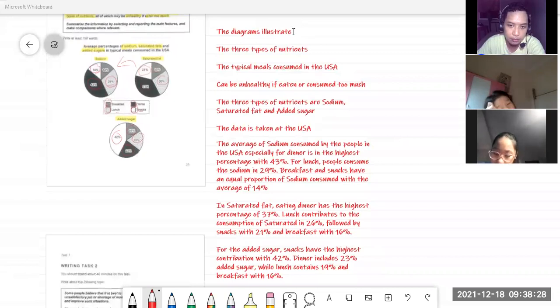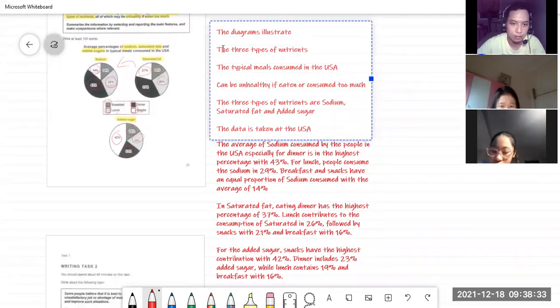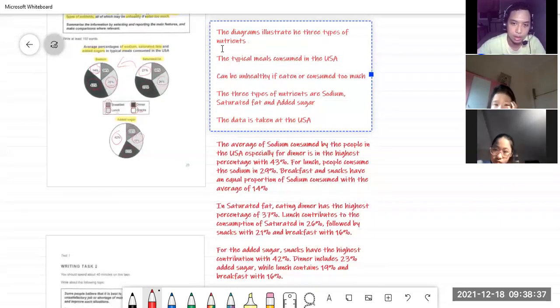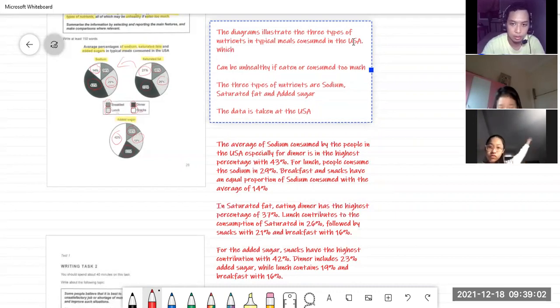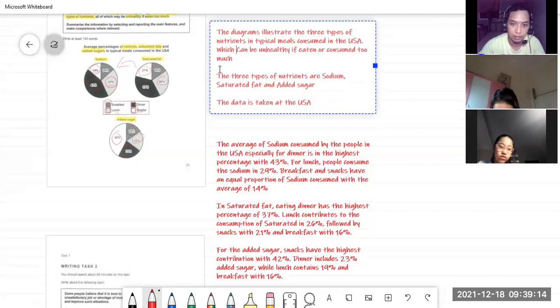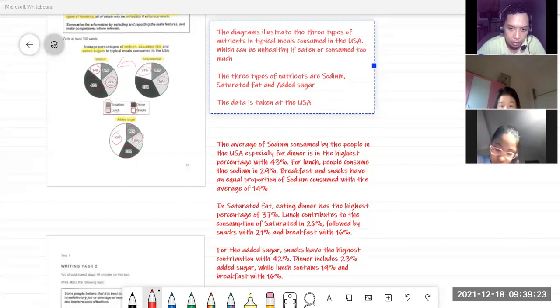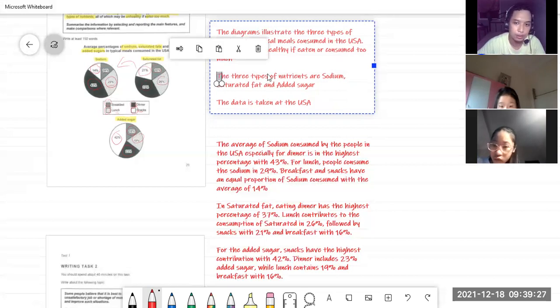The diagram illustrates the three types of nutrients in typical meals consumed in the USA, which can be unhealthy if eaten or consumed too much.